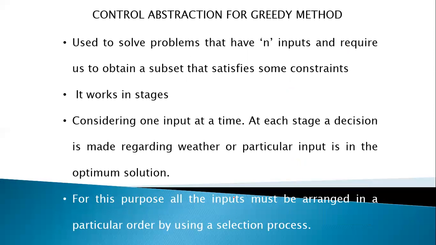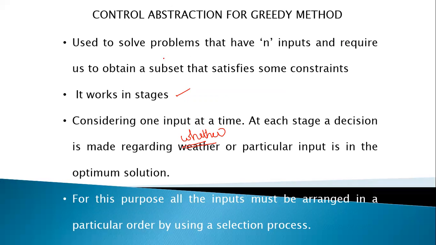This is the control abstraction of the greedy method. The greedy method works in various stages. At each stage, it takes one input at a time, and this input is checked with regard to a constraint.